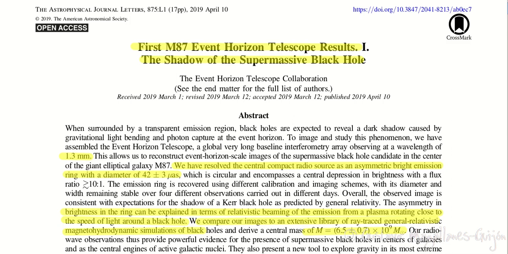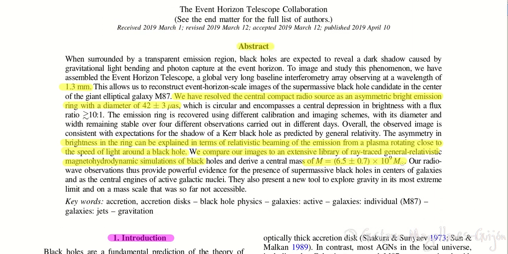This paper was received on March 1, 2018, and the authors explain in the abstract the objective of this paper, and tell us a little about the Event Horizon Telescope, the wavelength and resolution of this telescope, and the object of interest in this case, M87, and some results.